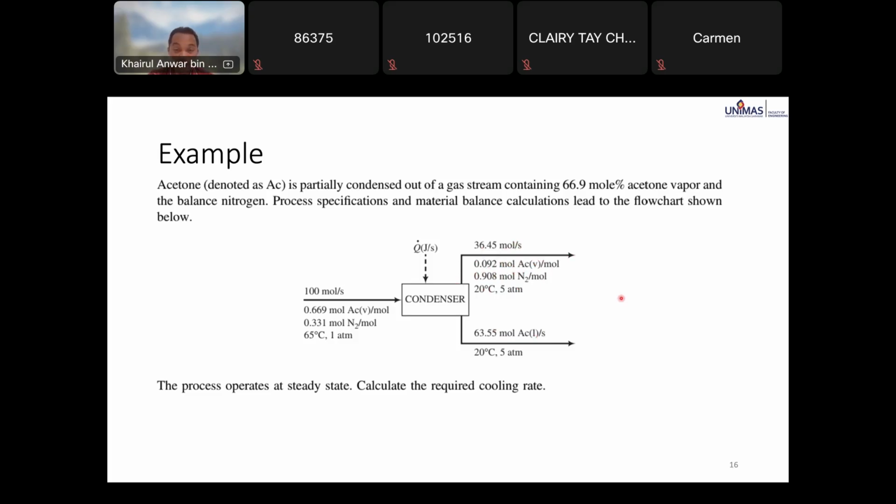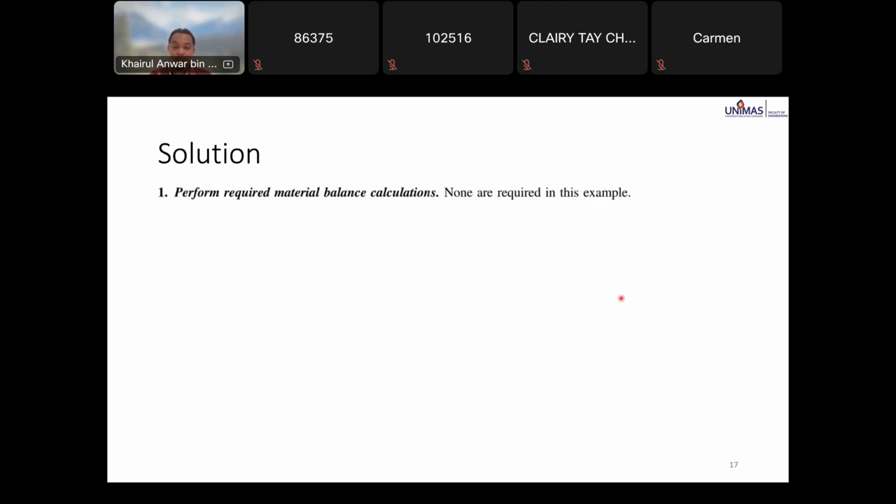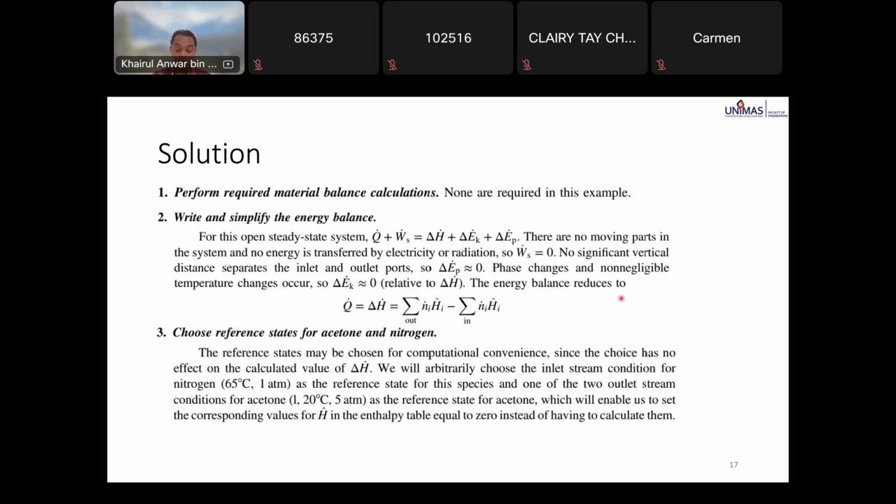So the question is calculate the keyword cooling rate. Since there is no material balance required, we can skip step one. Next is simplifying the energy balance. For this open steady state system, this is the equation.